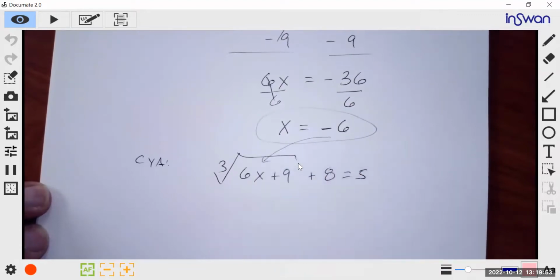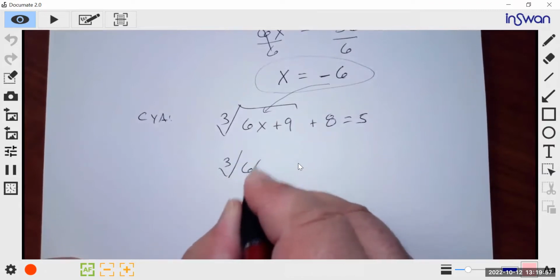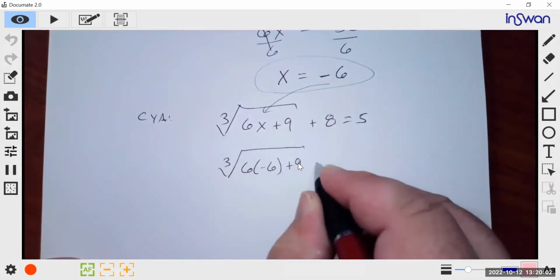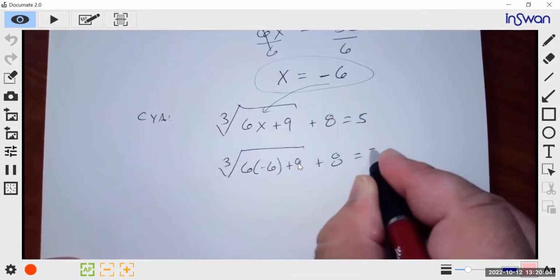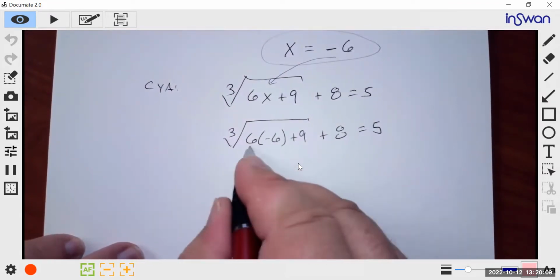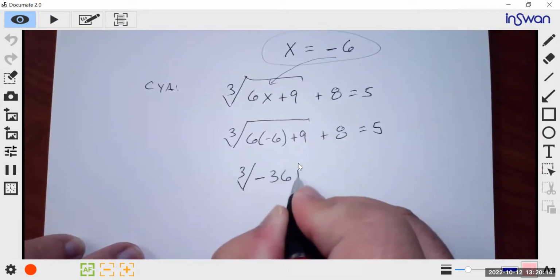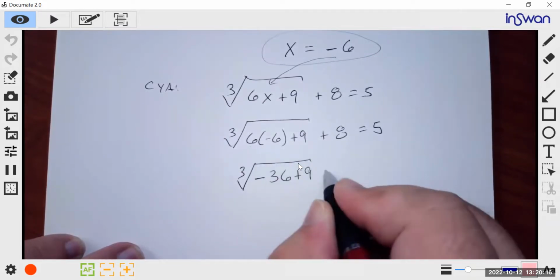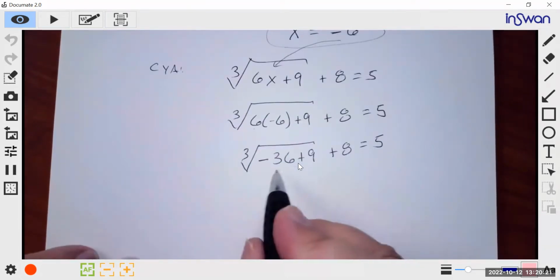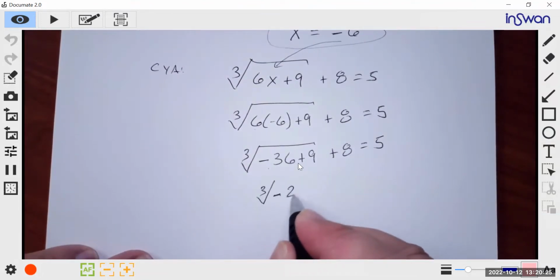So we put a negative 6 in place of x. 6 times negative 6 plus 9 plus 8 equals 5. 6 times negative 6 is negative 36, plus 9, plus 8 equals 5. Negative 36 plus 9 is negative 27.